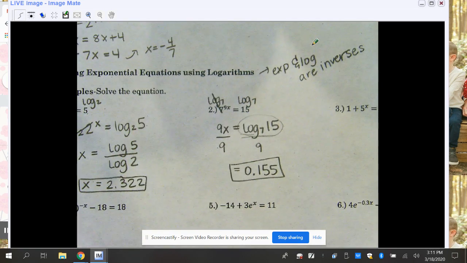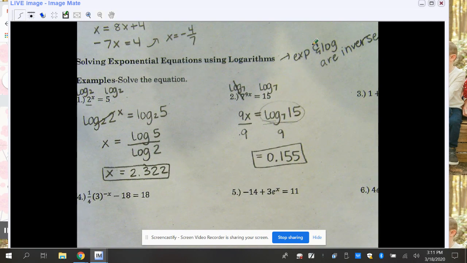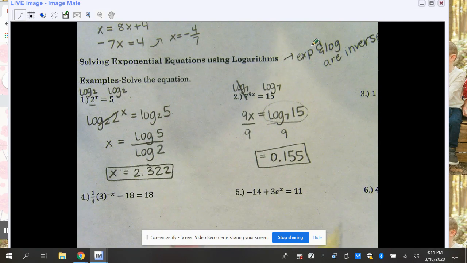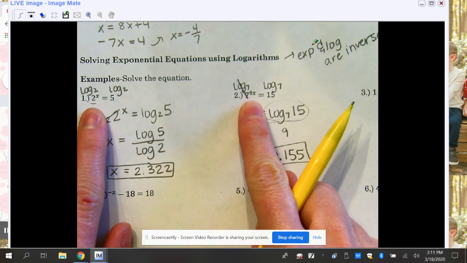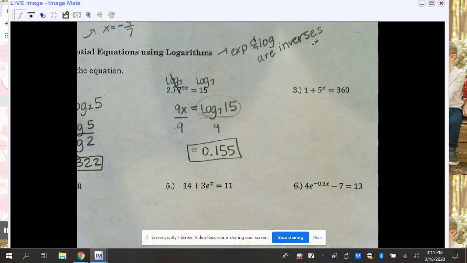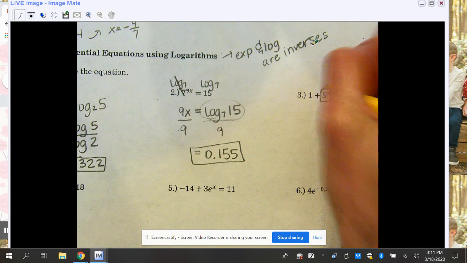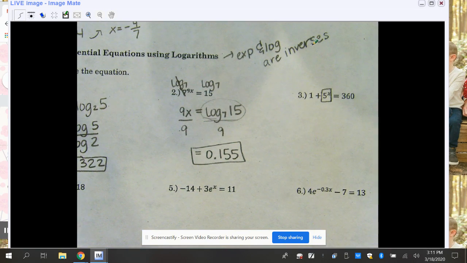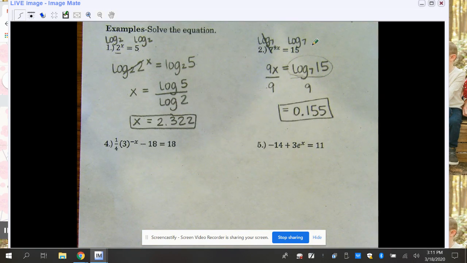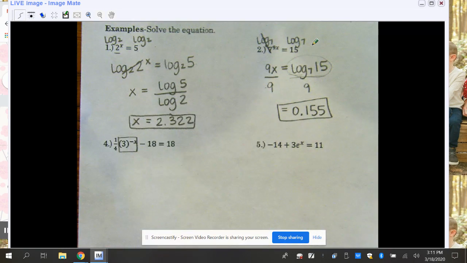All right, so now we're going to start to get to some of the more complex equations. With these first two, we just had our exponent, 7 to the 9x to the x. So now the rest of these we're going to look at, well, what do we do when other things are happening to that exponent? In this one, the 5 to the x is our exponent. In this one, that's just 3 to the negative x.